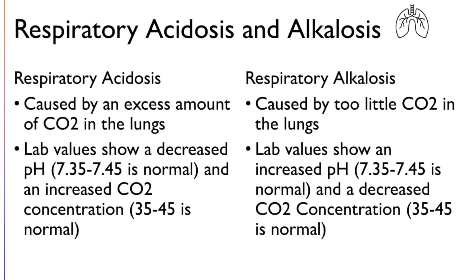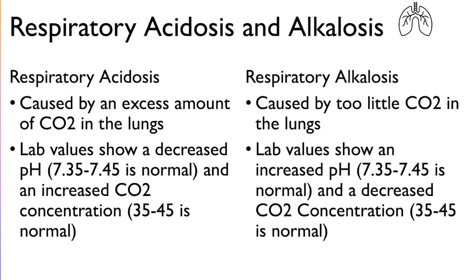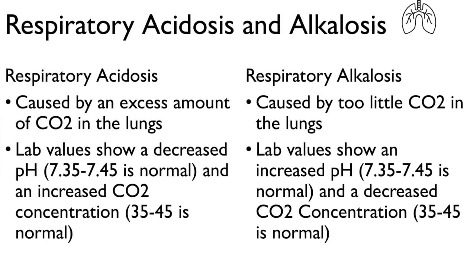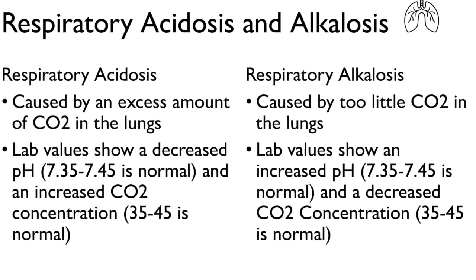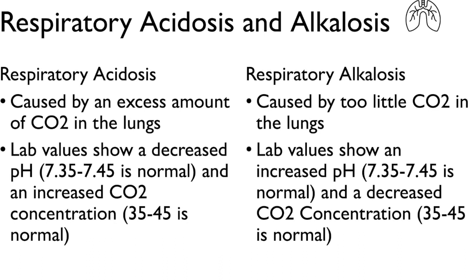And then for respiratory alkalosis, this is caused by too little CO2 in the lungs. So we're going to see an increased pH, so greater than 7.35 to 7.45, and a decreased CO2 concentration, so less than 35 to 45, which is the normal.